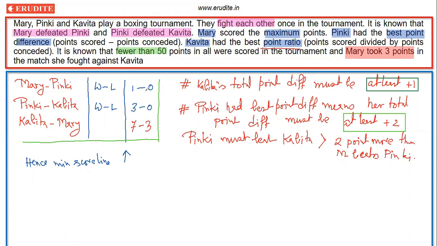Now here this information is contradicting. I need to keep the difference 1, but whenever it is 7-3, then for all of the points, whatever points have been given, Mary scored the maximum points, Pinky best ratio, all these we have to take care of.